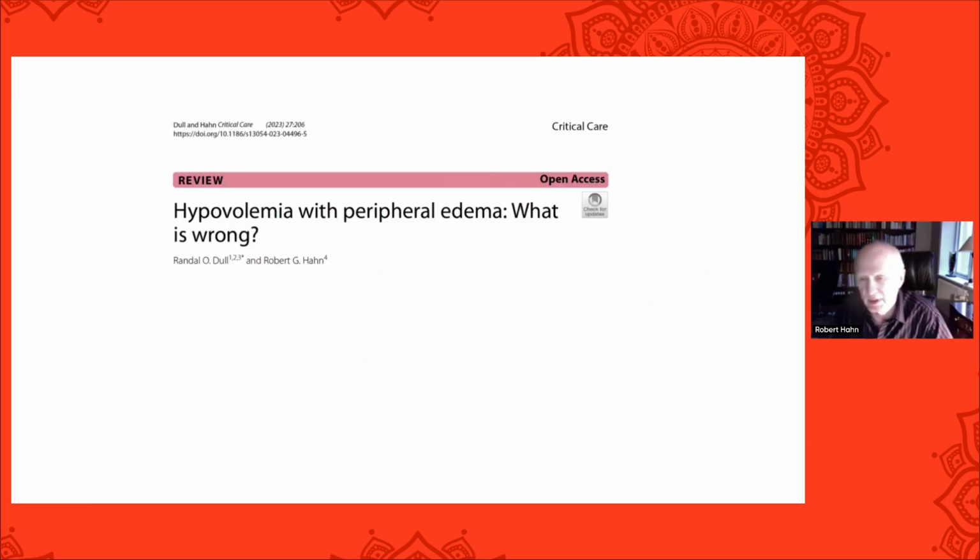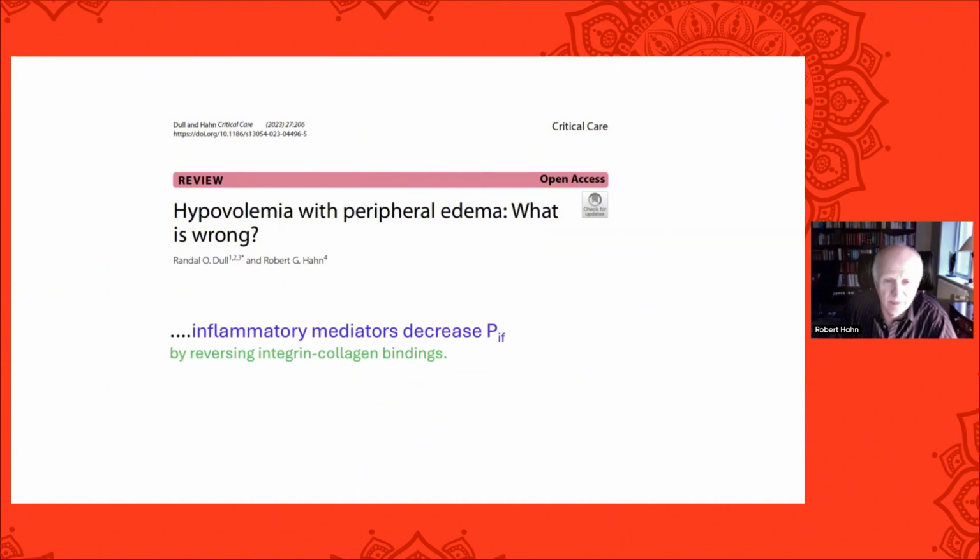Now, if we go to intensive care, we have one more issue to discuss, and that is that inflammatory mediators alter the interstitial fluid pressure. That is quite well explored in experimental systems and in animals.